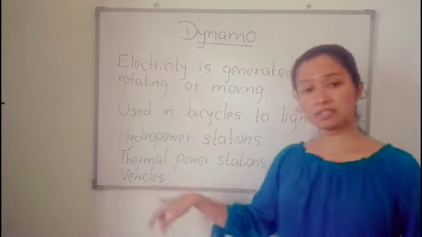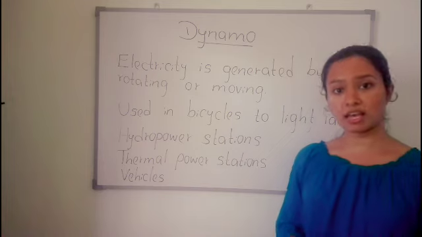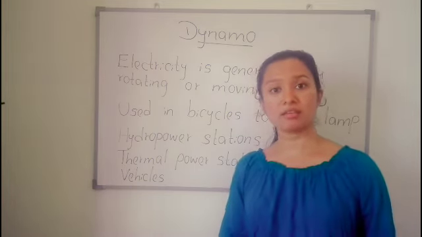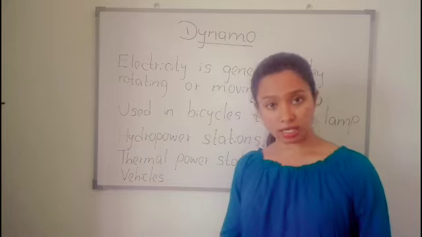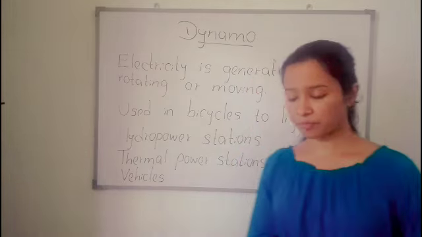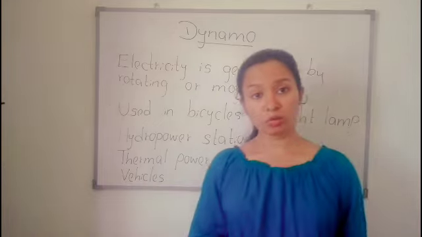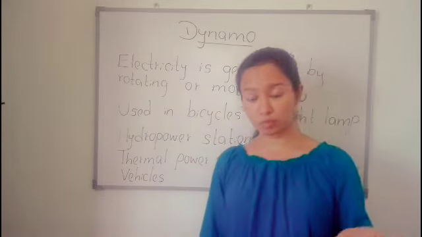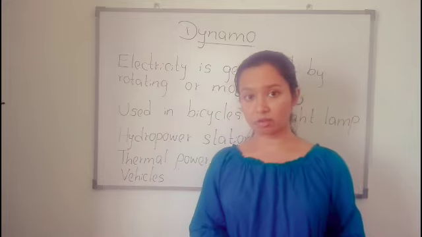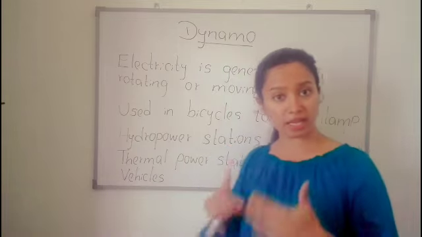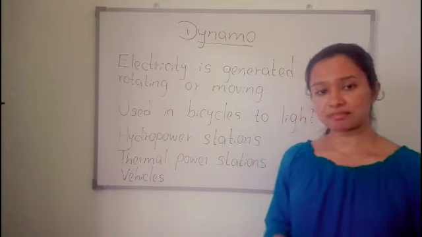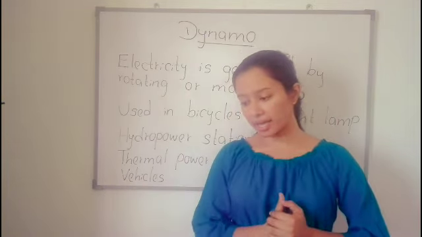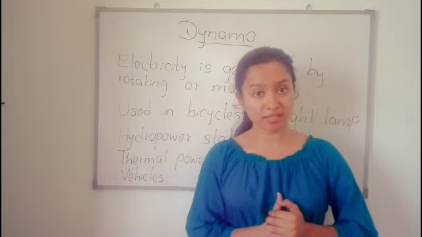In a number of vehicles they also use dynamos, mostly in cars, vans and lorries. I think these notes are in your book. I have given the notes, so go through the notes while I am teaching you.